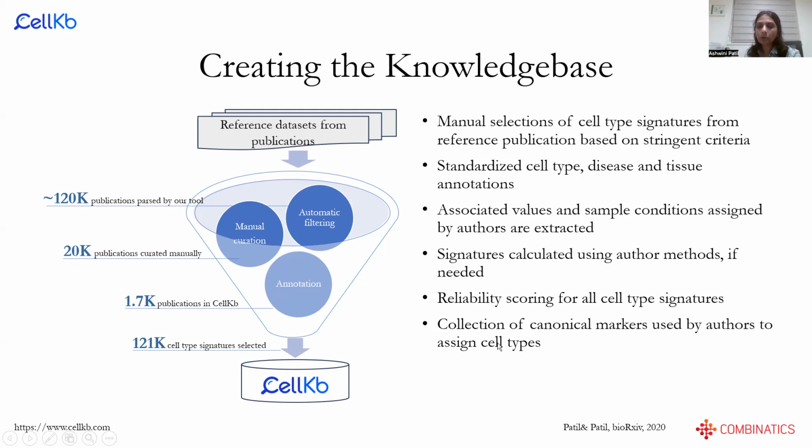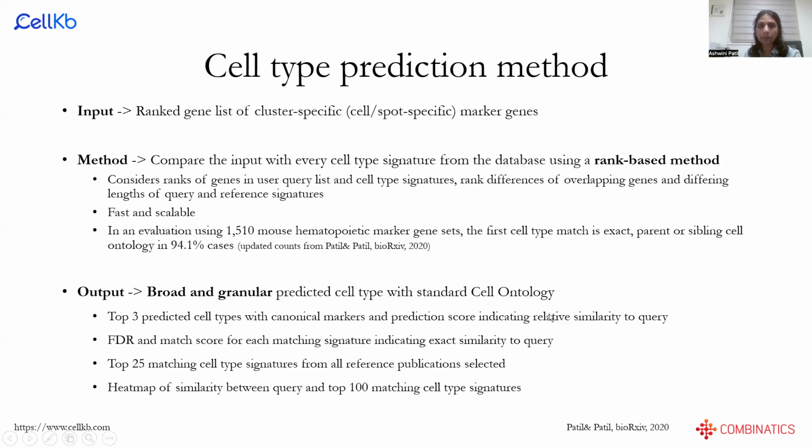And finally, we also collect the canonical markers in each paper that the authors use to assign a particular gene list as a cell type. So we collect the cell type and the canonical markers along with any values, conditions, disease information, treatment information, experiment information, and sample information. All this information goes into creating the CellKb knowledge base. This data is updated every 4 months, along with recalculating the reliability scores every single time. Okay. The cell type prediction method is basically a rank-based method.